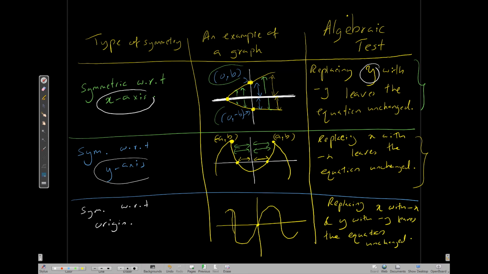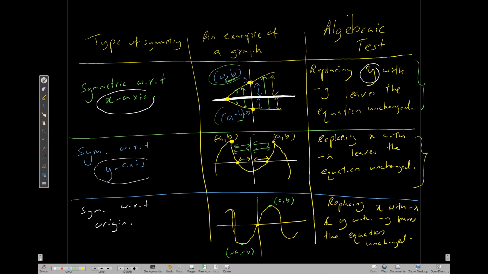The reason is explainable using this graph. For example, if this point is a comma b, this case, this point is going to be negative a comma negative b. See, in the previous two cases, here 0 comma b and 0 comma negative b. So 0 remains and the other one changed.